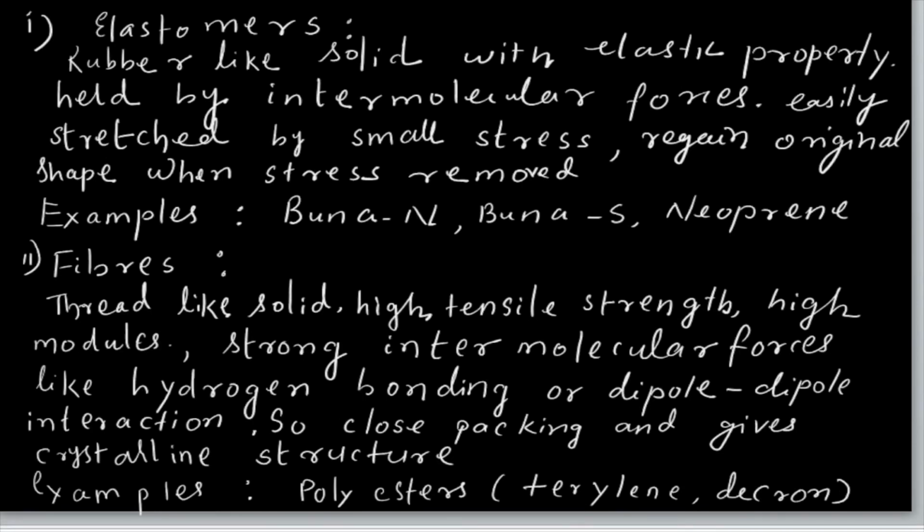Elastomers. I told you before, elastomer means elastic nature, a rubber-like solid with elastic property. Do you know what elastic means? When you stretch, you are giving stress, and by a small stress it will stretch and again regain its original shape on removing the stress.